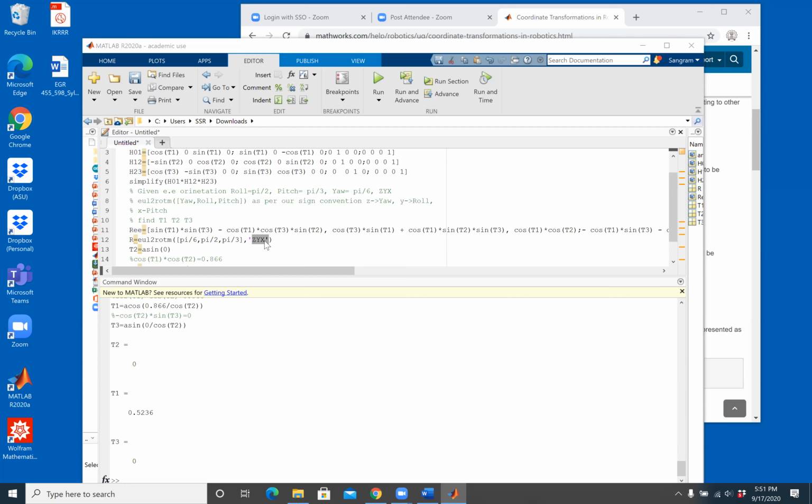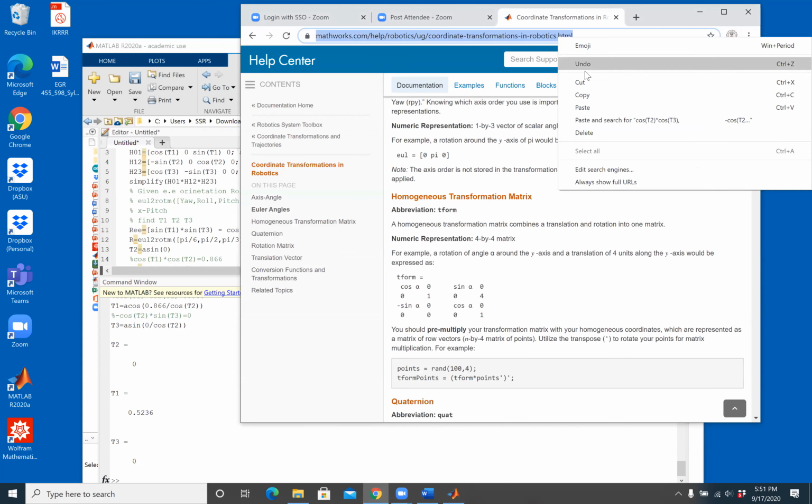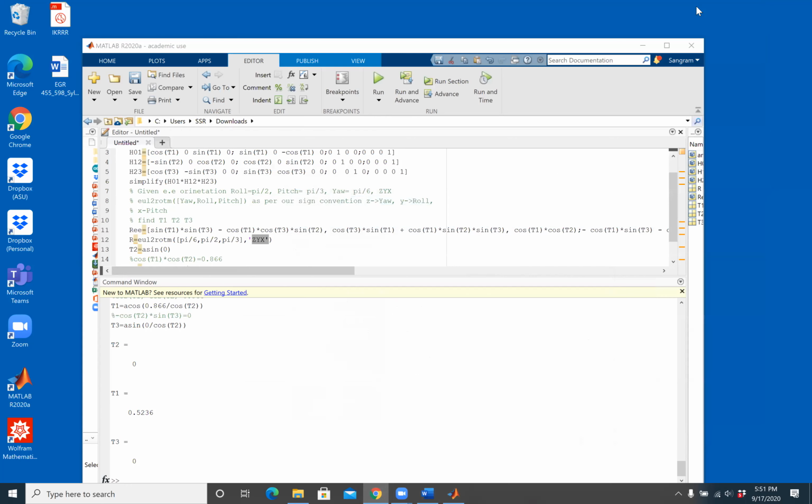Because if you use the default z, y, z, then your answers are going to be incorrect. For everyone's understanding, I'm going to send a link to the MATLAB MathWorks help that shows the subtlety in this transformation. There are 12 combinations of Euler angles, so please use the right combination to get the right angles.